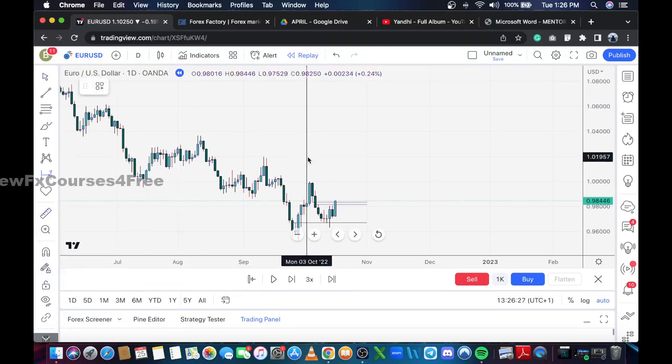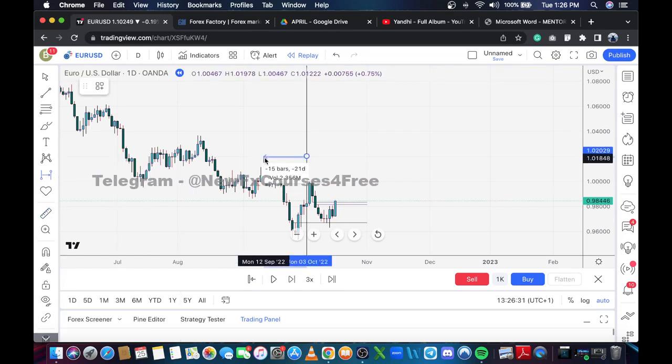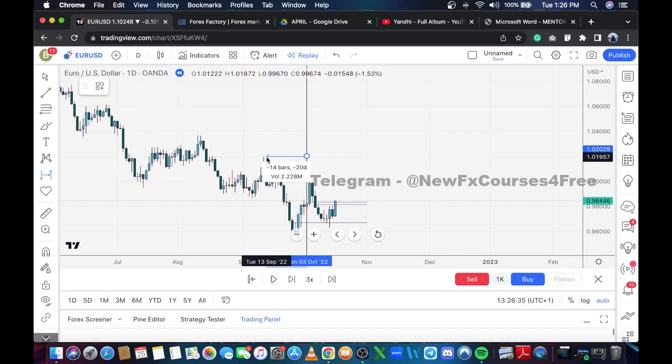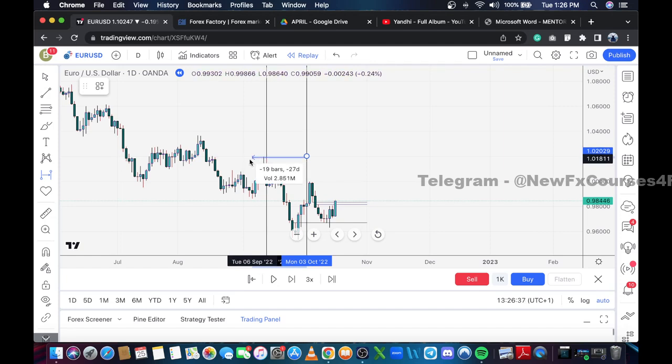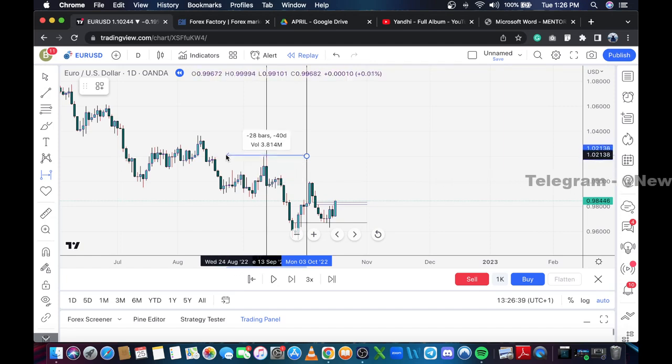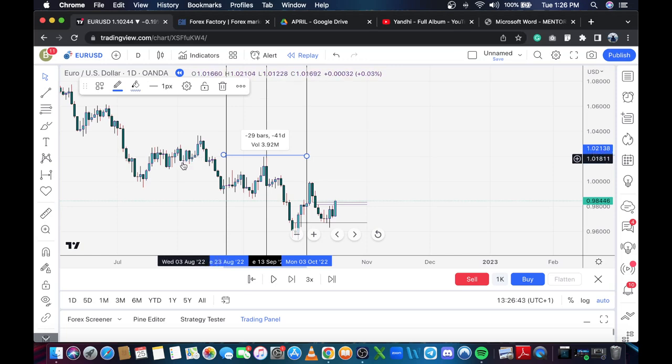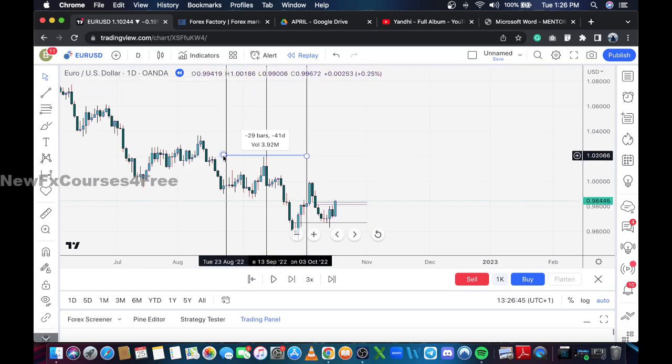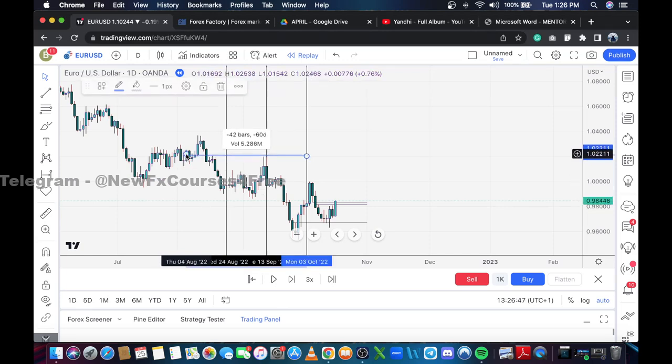So you use your date range tool in TradingView. The most complete month is September. So 20 days from the end of September is this. 40 days from the end of September is this. And 60 days from the end of September is this.